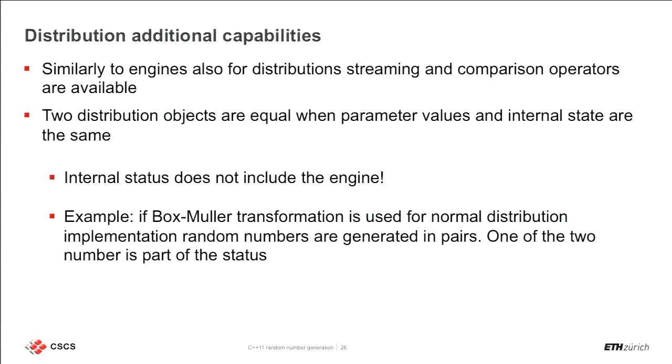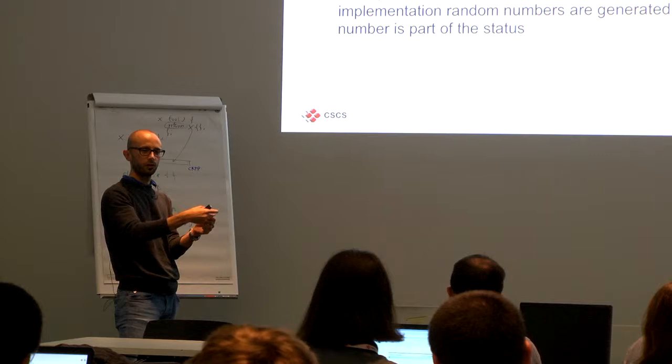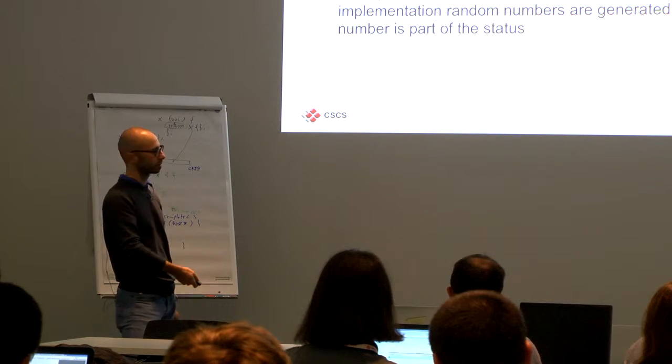Basically, when you do something like that, you are creating a pair of random numbers every time. With the first call, the distribution will give you back the first number of the pair and will store the second one. With the next call, you don't have to generate another random number, because the distribution will give you back the second number that has been stored in the previous call.